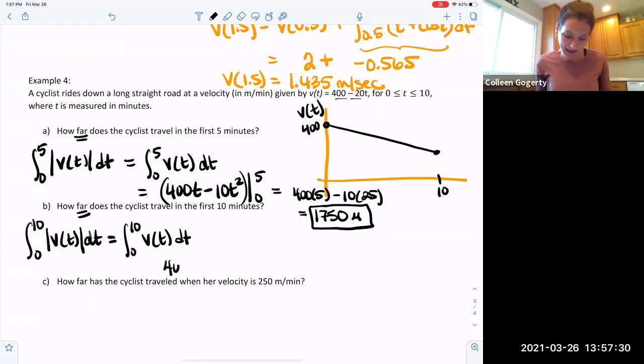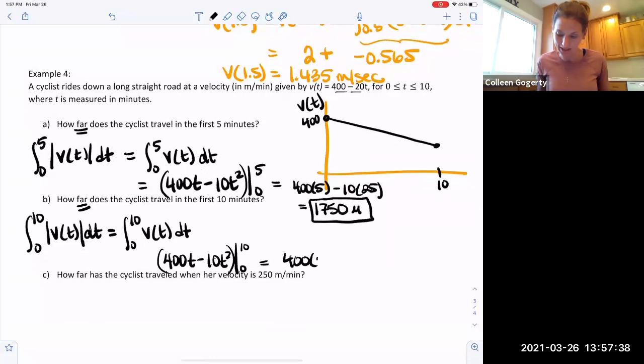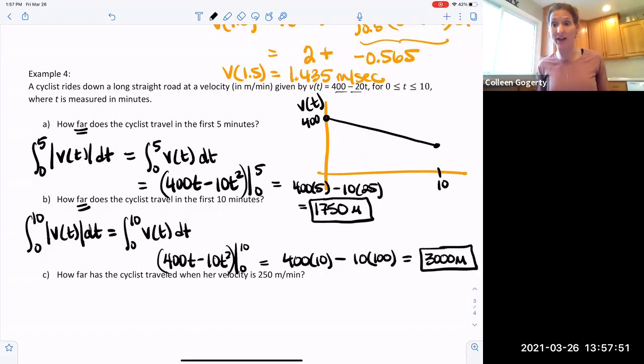So I already have the antiderivative, but now we're being asked to go from 0 to 10. So 400 times 10 minus 10 times 10 squared, so 100. And I'm getting 3,000 meters, which is logical, since the cyclist has gone further.